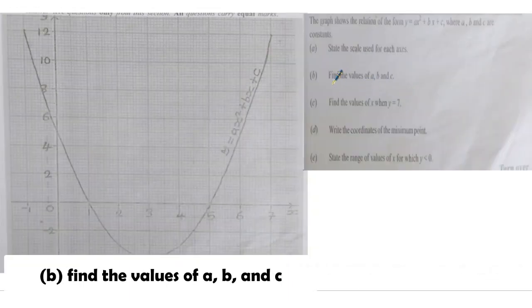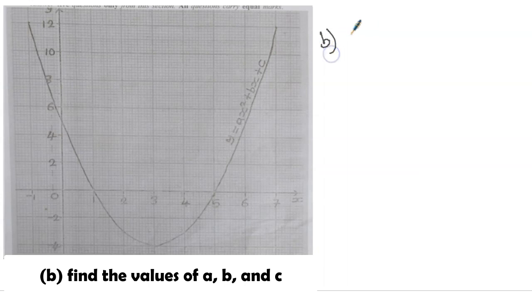For B, they wanted us to find a, b and c from the standard form of a quadratic. The standard form of a quadratic is y equals ax squared plus bx plus c. There are two ways that we can get the answer.